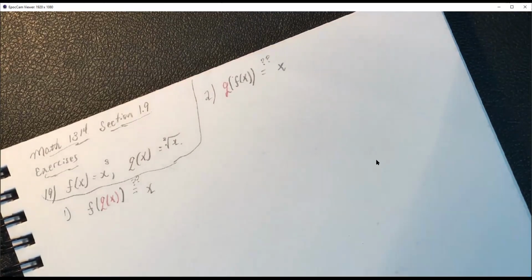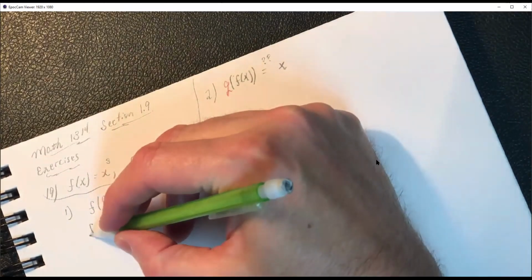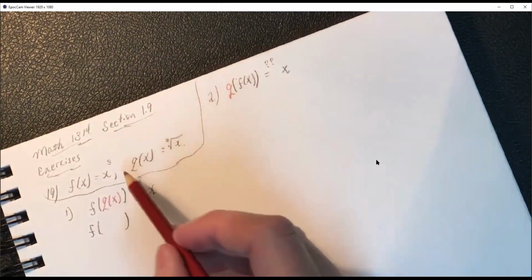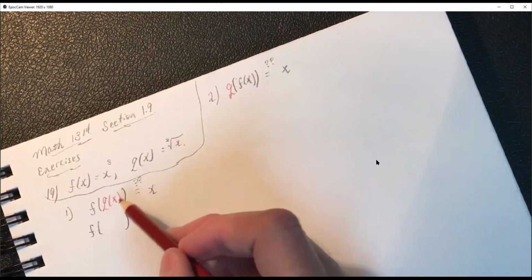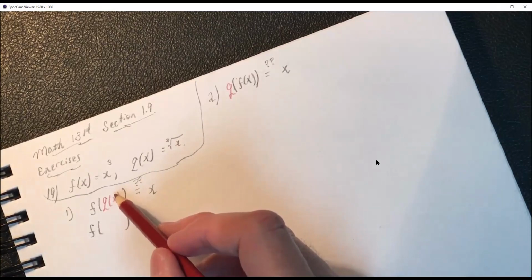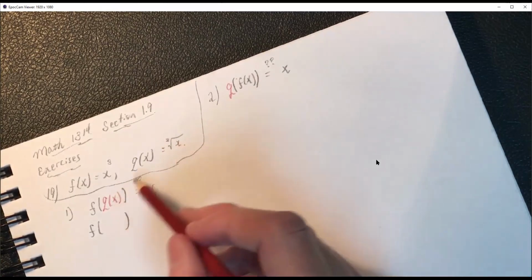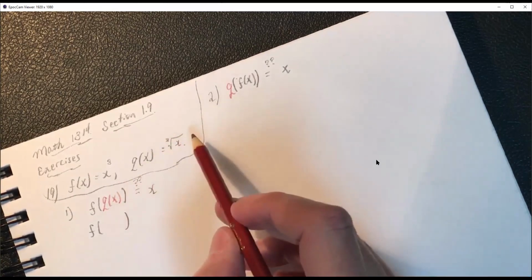Okay, so here we go. Let's start with this one. So we have f of g of x. We're not picking a particular numerical value for x and putting it into g like an 8 or something, but we're saying for any x value. So instead of putting in a number like an 8, and the cube root of 8 is 2 and writing a 2 here, we are going to write the range value, not 2, but just as an algebraic expression.